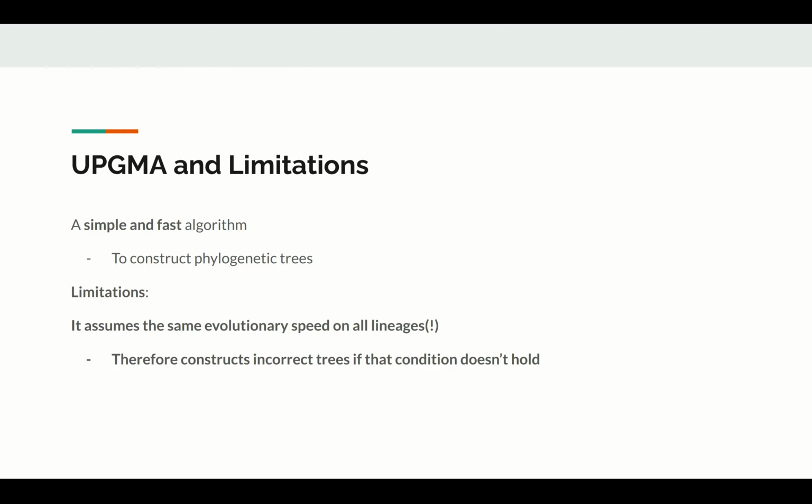That's why the lengths of these legs are considered equal for the two sides, which is not realistic, and it would not construct a correct tree if that condition wasn't our assumption. That's the limitation of UPGMA, but other than that, it's a fast algorithm that can be used to build phylogenetic trees in a fast manner.